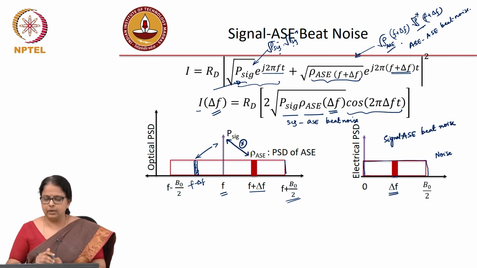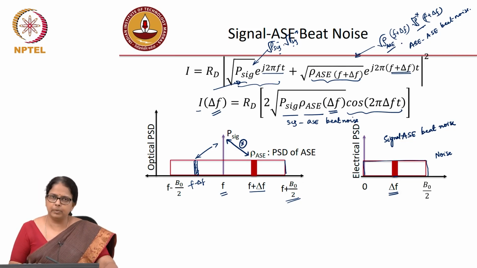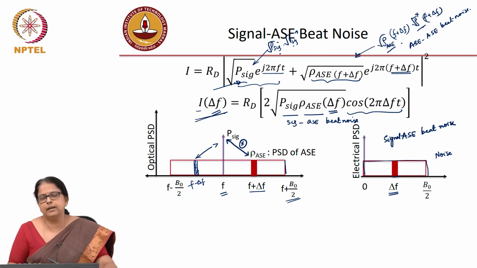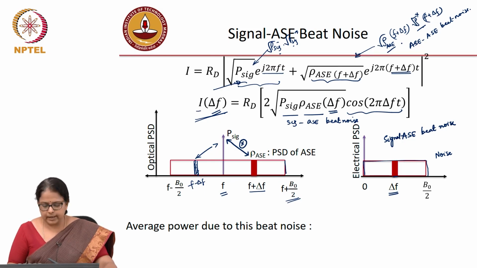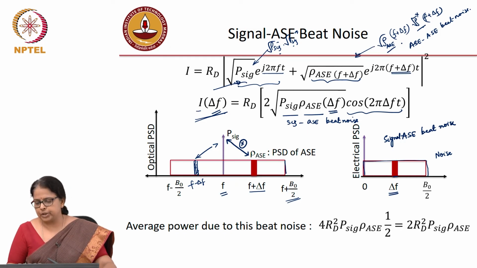But let us try to calculate the power spectral density. How do you calculate it? It is a power per unit bandwidth. We have found a current per unit bandwidth, I delta F. So, if I want to calculate the power, it is proportional to the square of the current. So, I will just square the above expression. What do I get?